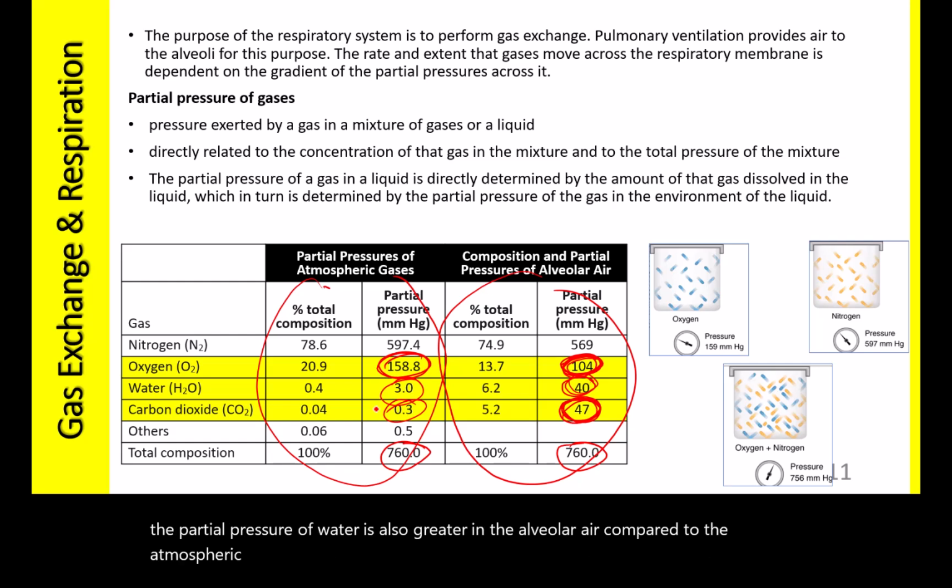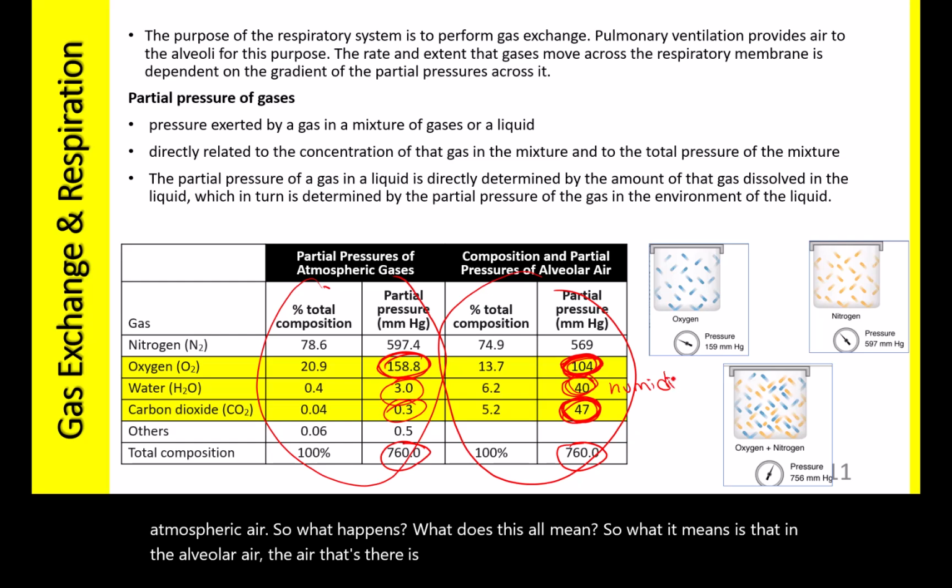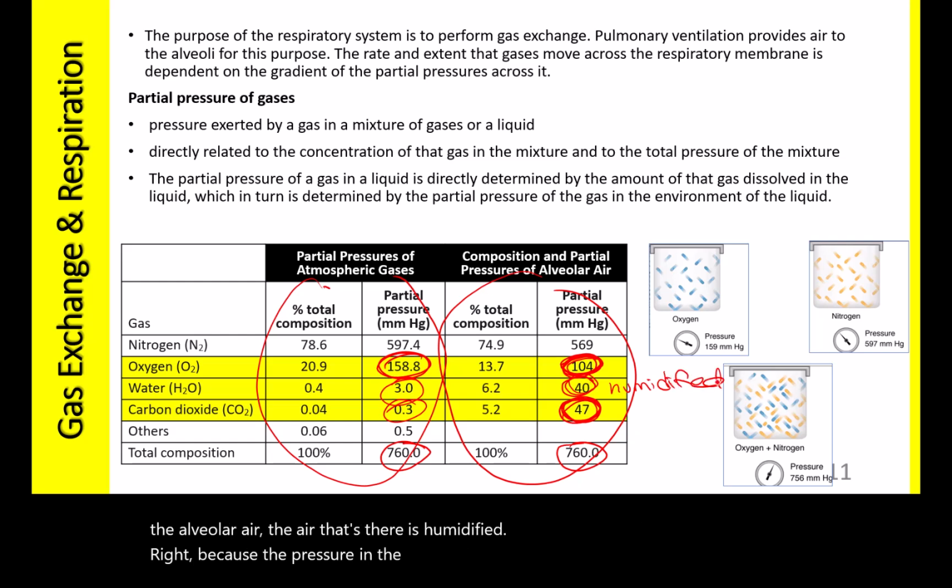So what does this all mean? It means that the air in the alveoli is humidified, because the partial pressure of water is much greater in the alveolar air compared to the atmospheric air.